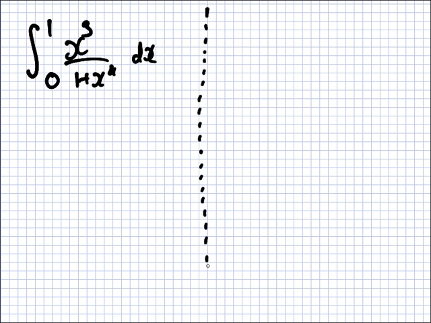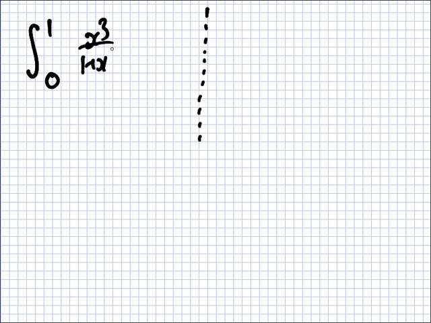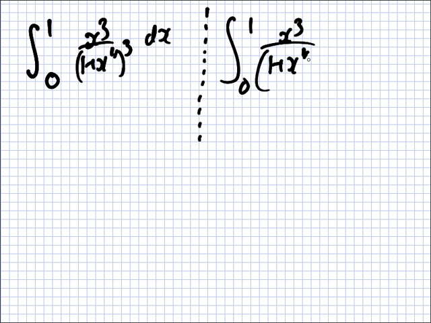There's a substitution. There is one more cube outside the limit: x cubed over (1 plus x^4) cubed dx, and integrate 0 to 1.